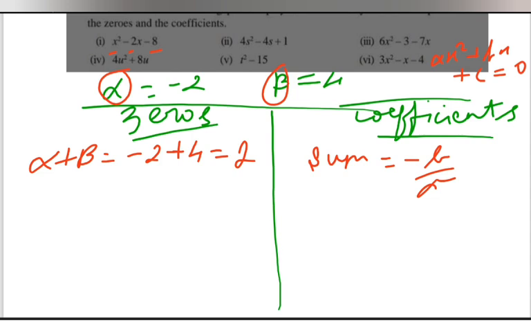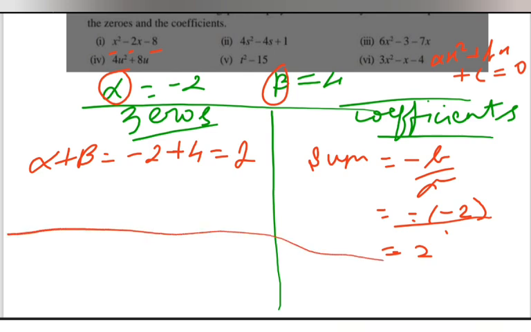So here a is 1, b is minus 2, c is minus 8. For the sum we take minus b by a, that is minus of minus 2, divided by a, which is 1, so it is equal to 2. So we have satisfied the sum of the zeros.